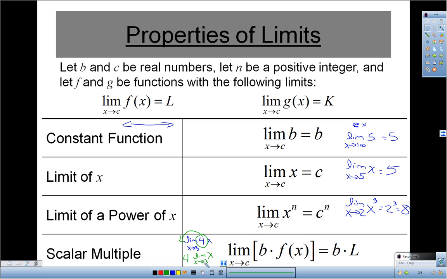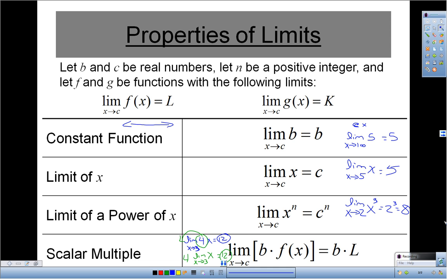Then using the previous property, the limit of x, plug in 3, and you'd get 4 times 3, so you'd end up getting 12 for the limit. Or you could just do direct substitution originally right here as well. If you plug in 3, 4 times 3 is also 12.